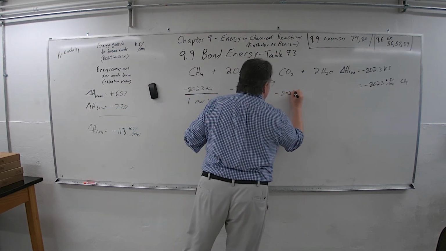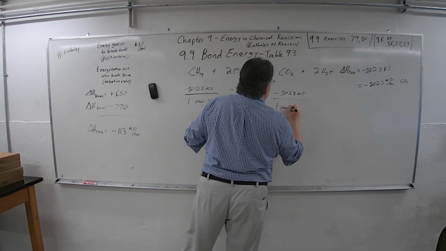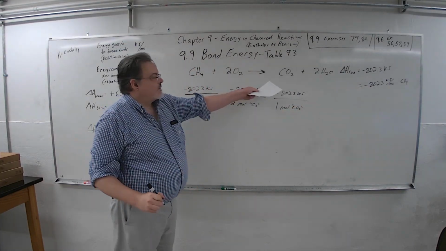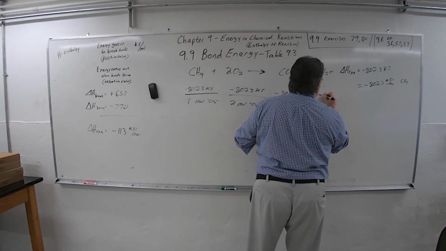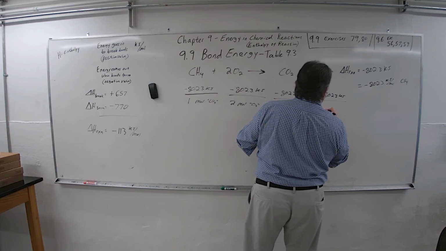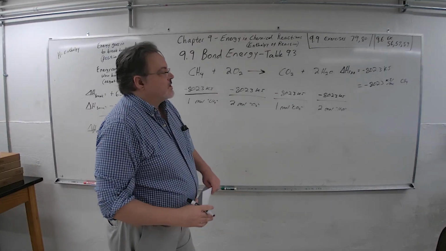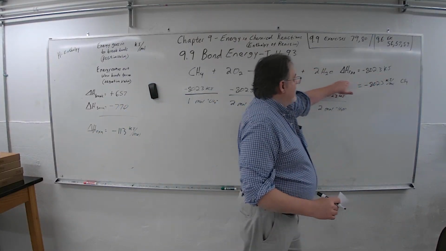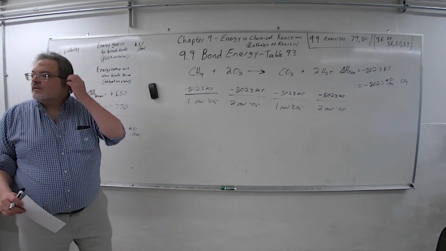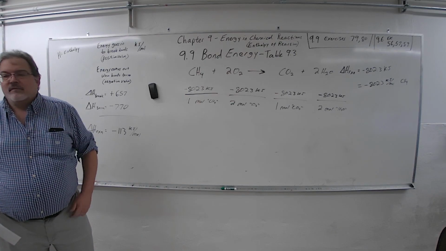Negative 802.3 kilojoules to form 1 mole of CO2. And the last one is negative 802.3 kilojoules to 2 moles of H2O. So when you're given this, in addition to those other mole ratios, you have those summarized there as well. You follow that? You guys follow that? Okay.